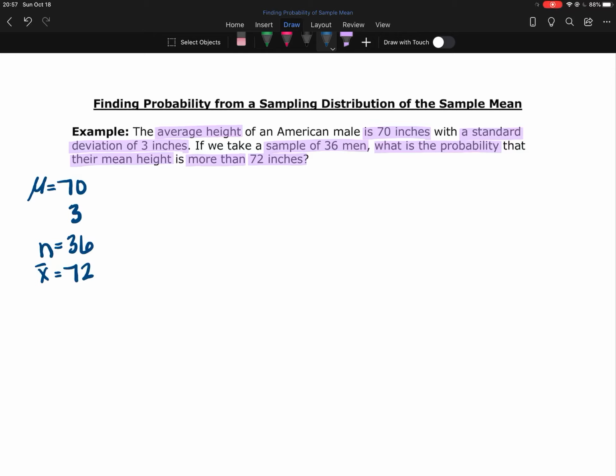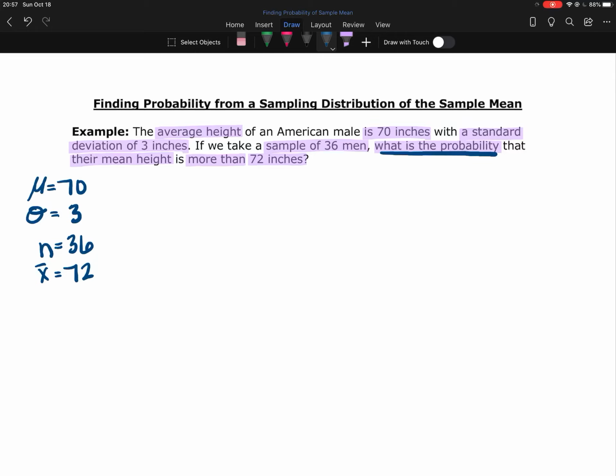And this standard deviation is also for all of the American males, so that's going to be sigma. I identified them in this order, but you could identify them in any order. So now I have mu, sigma, n, and x bar, and I'm being asked to find a probability.